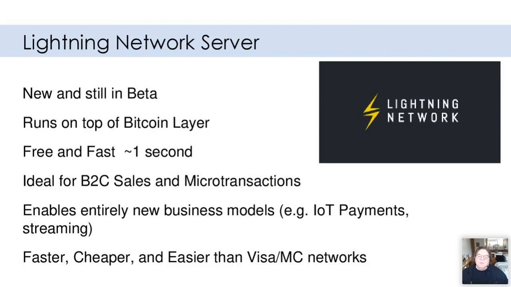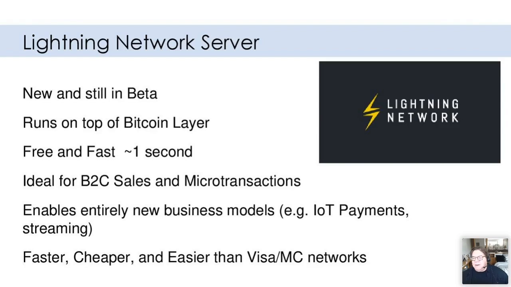Lightning is one of the most important developments. It's another server that sits on top of the Bitcoin server. It's relatively new. It's still in beta, but what it does is provide extremely fast connections and the ability to send money, Bitcoin, small amounts generally, in less than a second, and it's free.